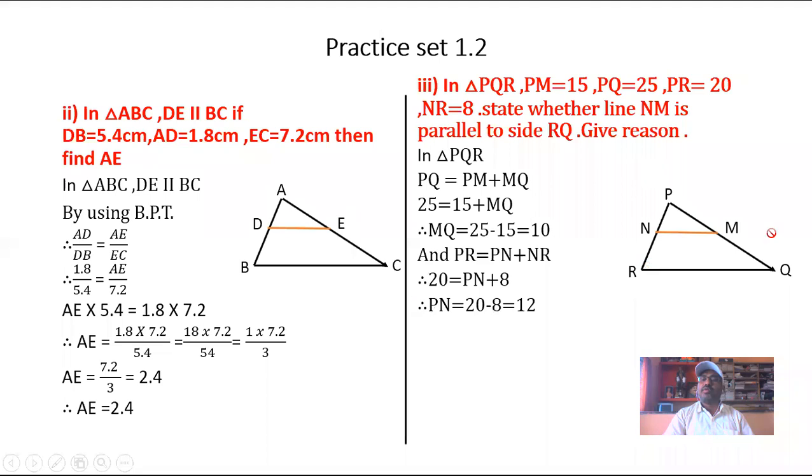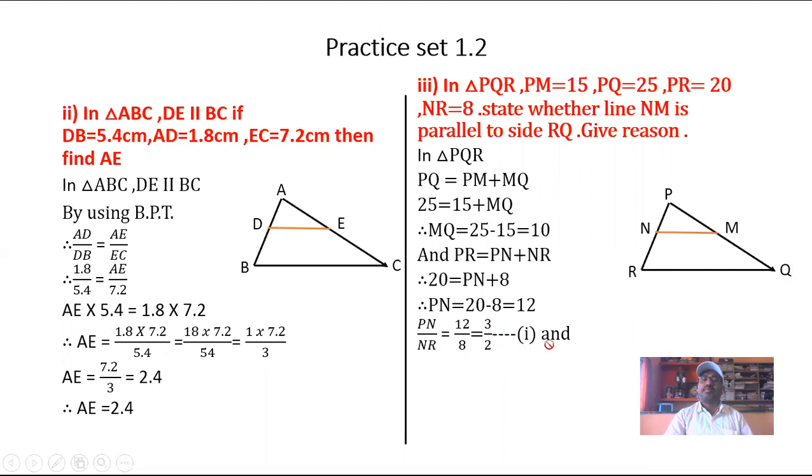By using the converse of the BPT theorem, when the ratios PN to NR and PM to MQ are the same, we can conclude. First find the ratio PN to NR: 12 upon 8, divide by 4. 4 threes are 12, 4 twos are 8.